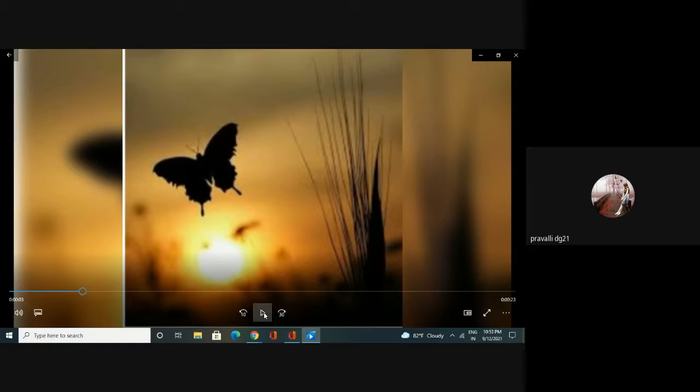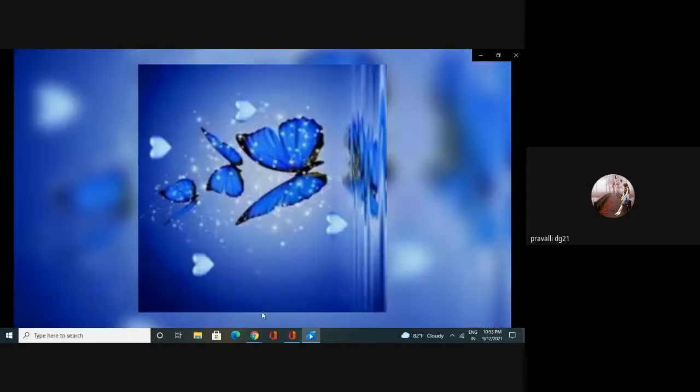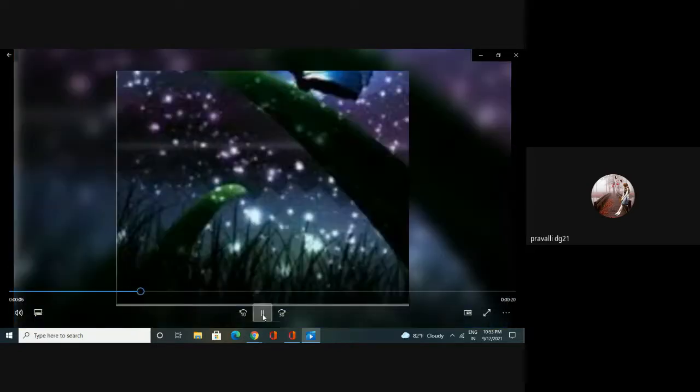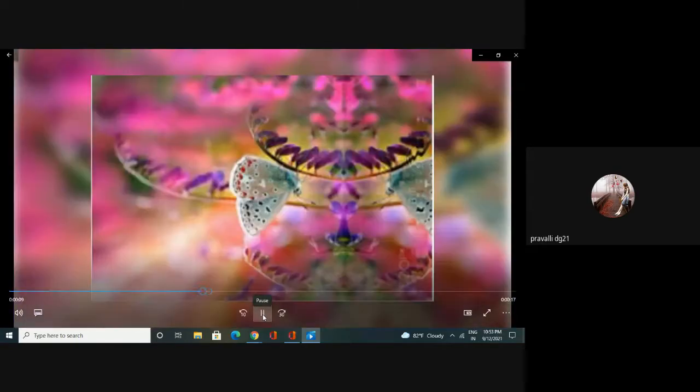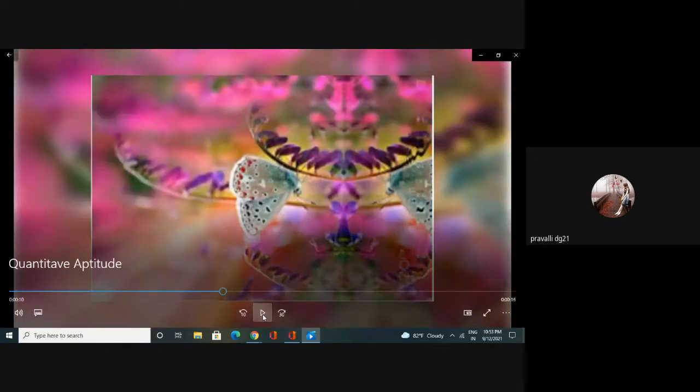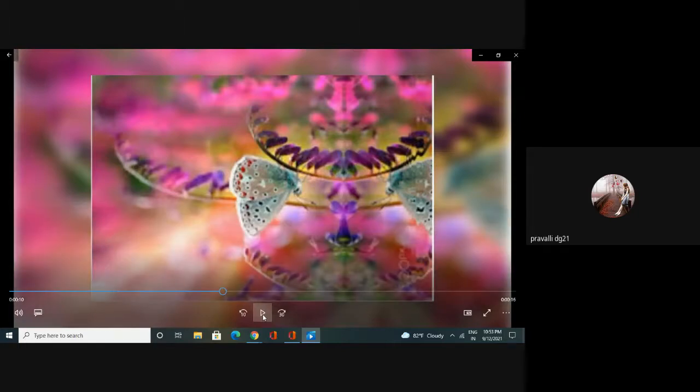And the next topic, area. Results on triangle. Sum of the angles of a triangle is 180. The sum of any two sides of a triangle is greater than the third side.